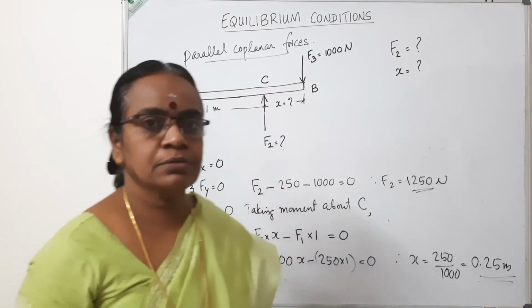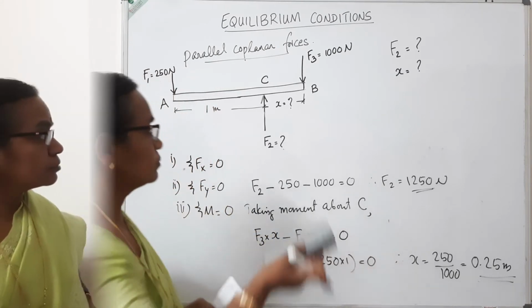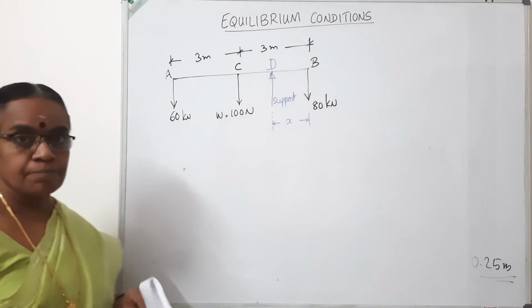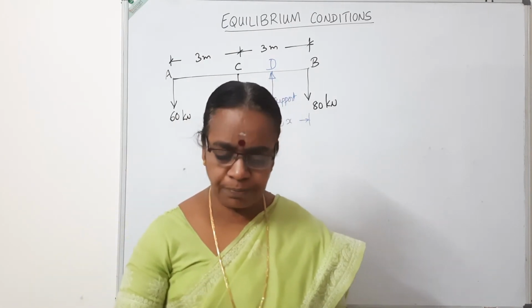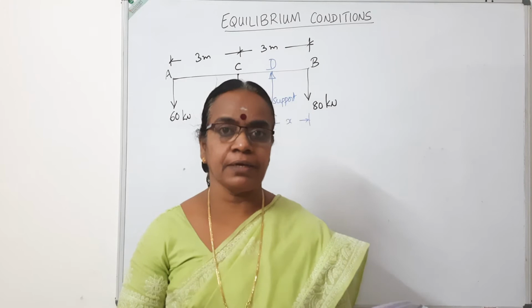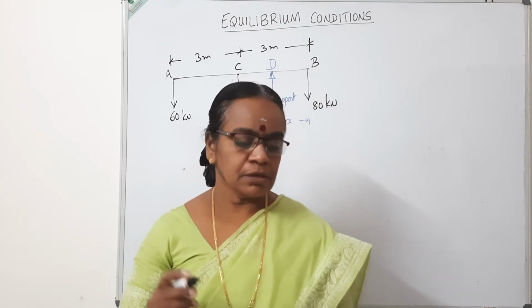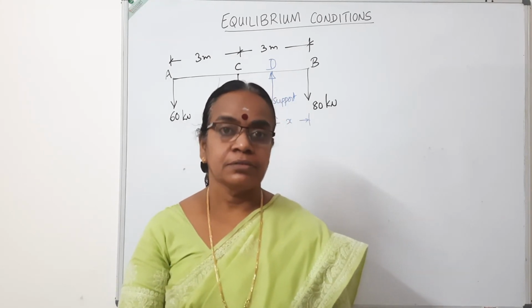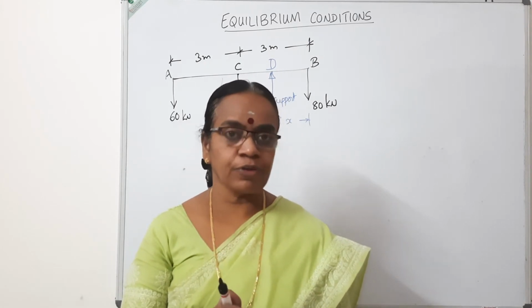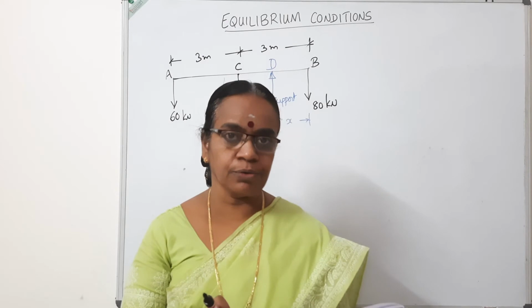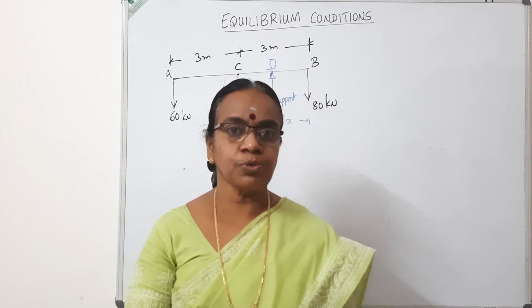We'll have one more similar example. The question is: a uniform beam AB of weight 100 Newton and 6 meter long has two bodies of weight 60 kilonewton and 80 kilonewton suspended from the two ends.